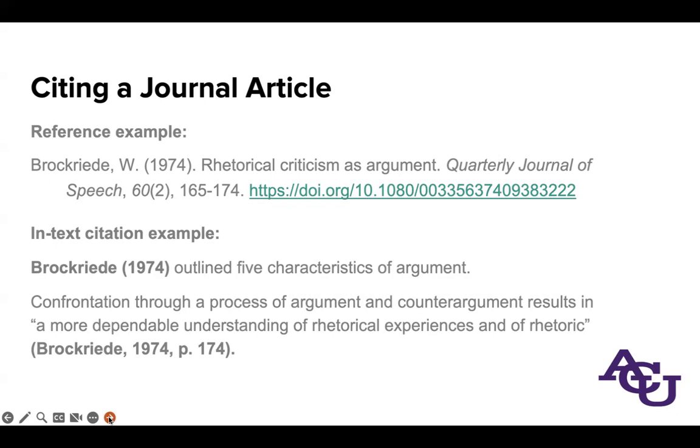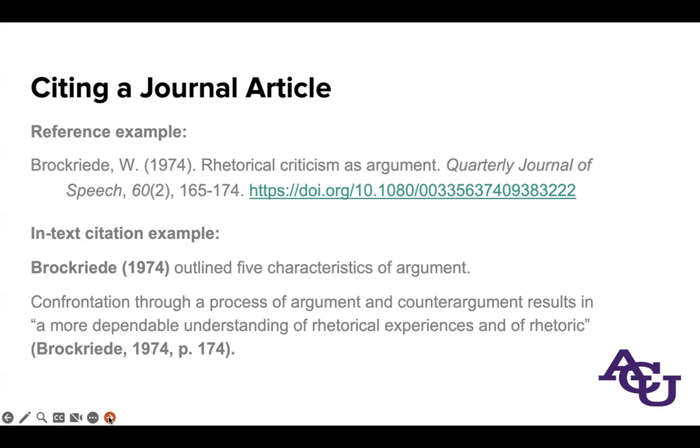Small words like of aren't capitalized, so that's why here we've capitalized the Q, the J, and the S, but not the O. The title goes in italics, followed by a comma, and then put the volume number. You'll see that the volume number is also slanty. It's in italics too. The issue number goes in parentheses next, but that does not go in italics. So we have 60 in italics, parentheses 2, then another comma, and then the page range.